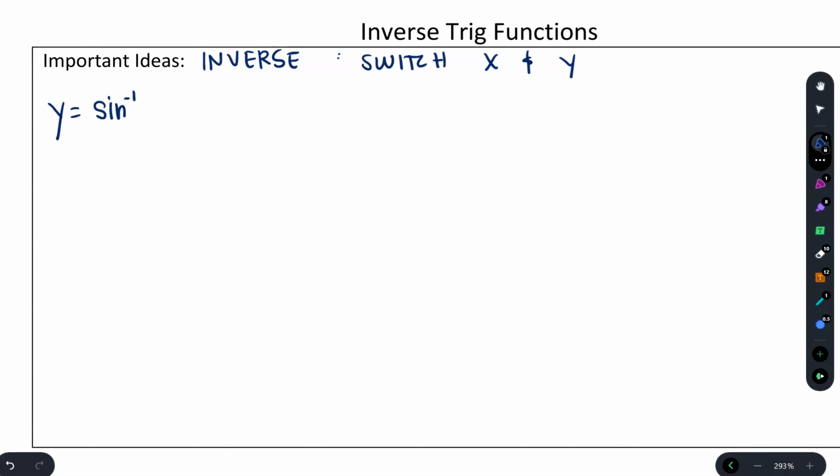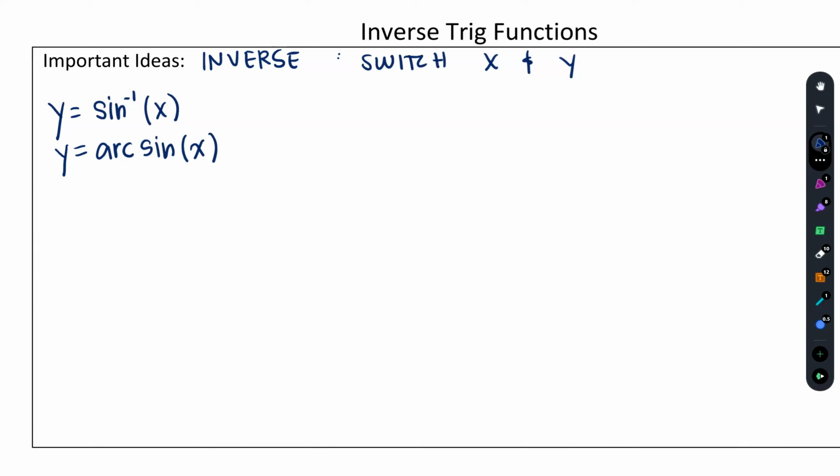you also could see this written as arc sine. When you take calculus or Cal 2, you'll see arc sine written a little bit more because it gets a little less confusing than that little inverse notation.